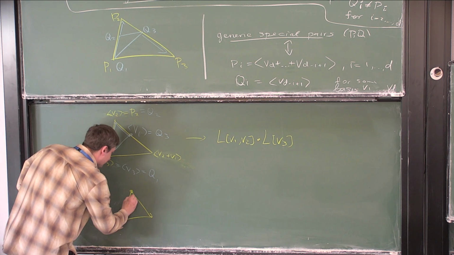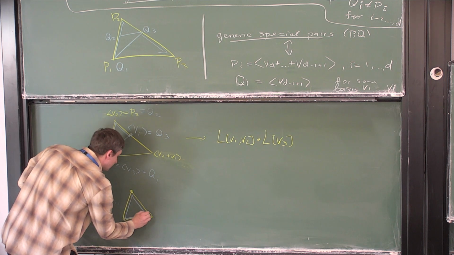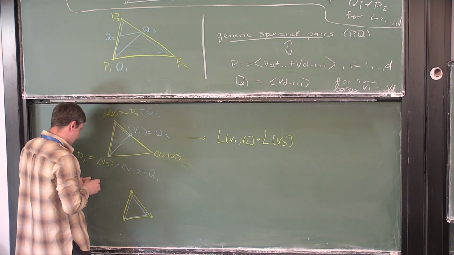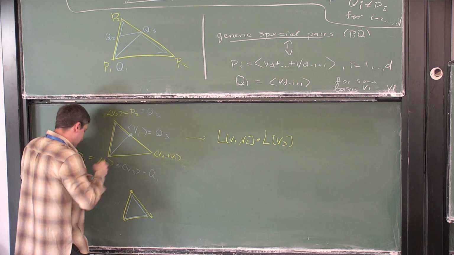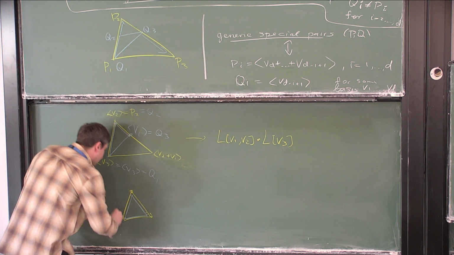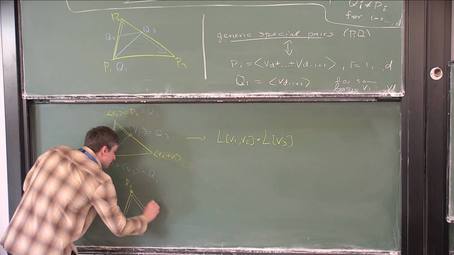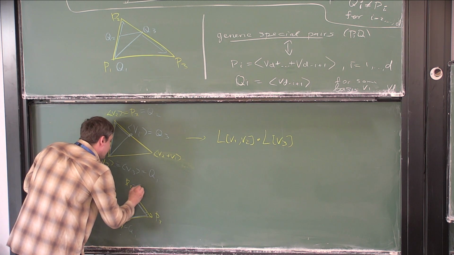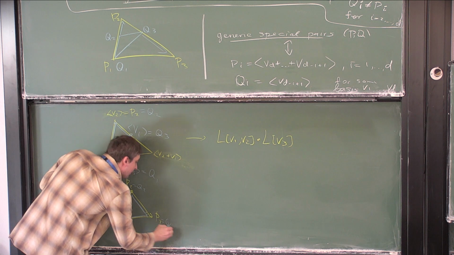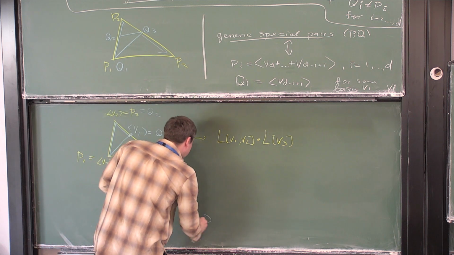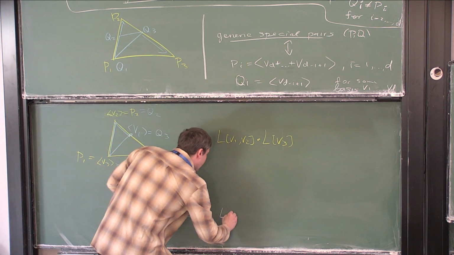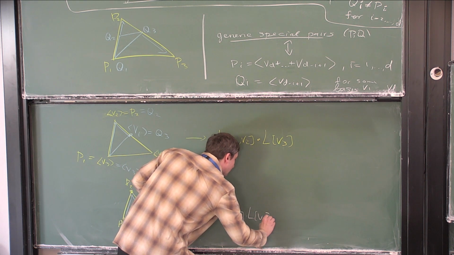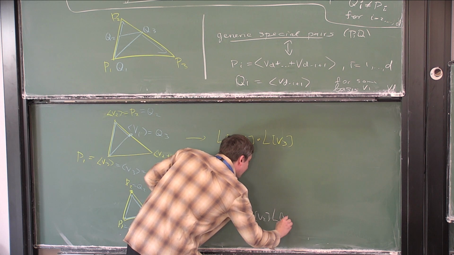There is a completely general statement which is also easy to prove: all of the degenerate special pairs are products in this Steinberg module. So when all of the vertices coincide, you get an even more special product. This would be L of V1 times L of V2 times L of V3.